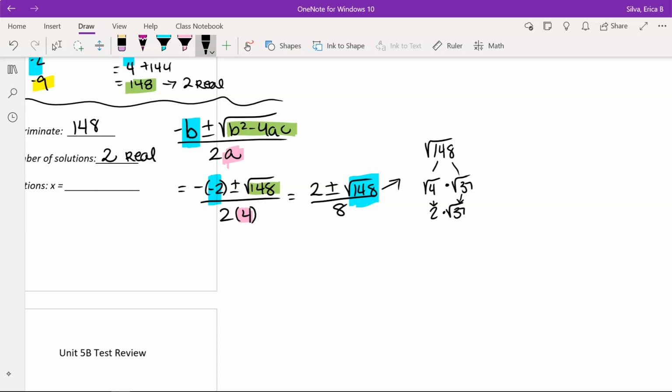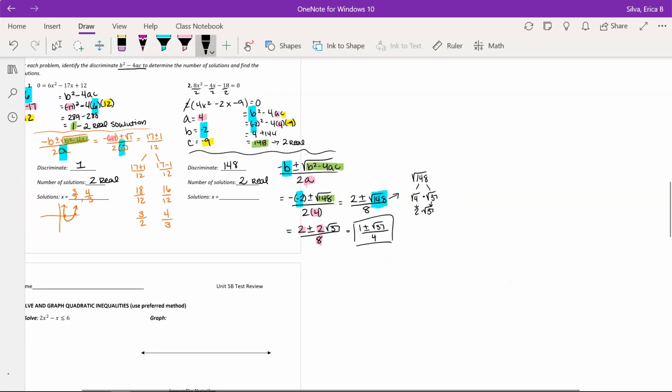So we're going to write down 2 plus or minus 2 square root of 37 divided by 8. Now if you notice, all of these have a coefficient that is divisible by 2, so we can divide by 2 to each one. So 1 plus or minus the square root of 37 over 4. Solutions are 1 plus or minus the square root of 37 over 4.